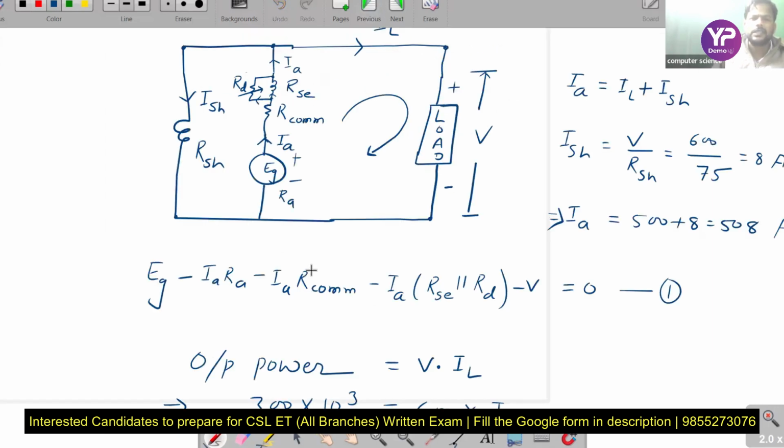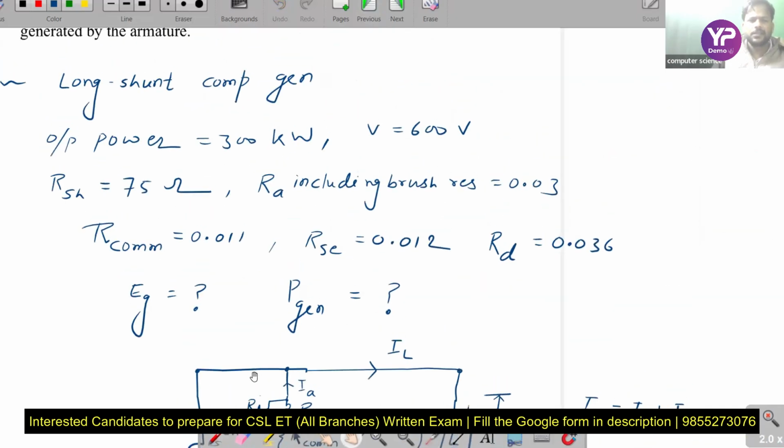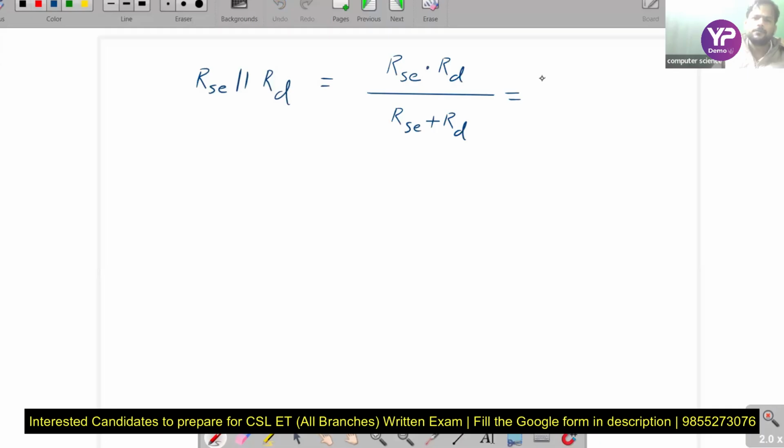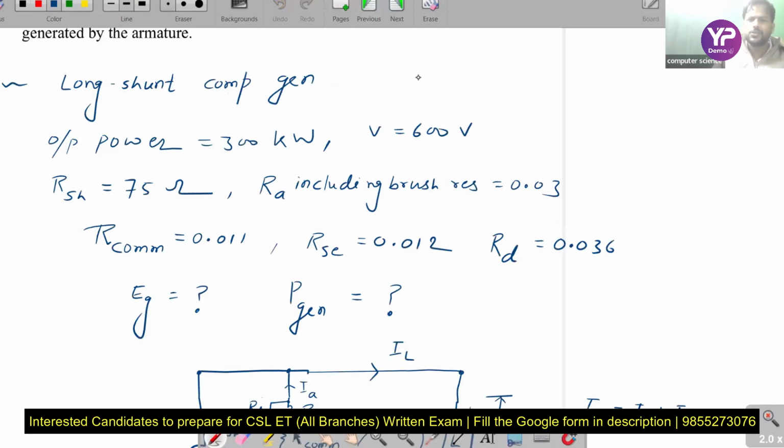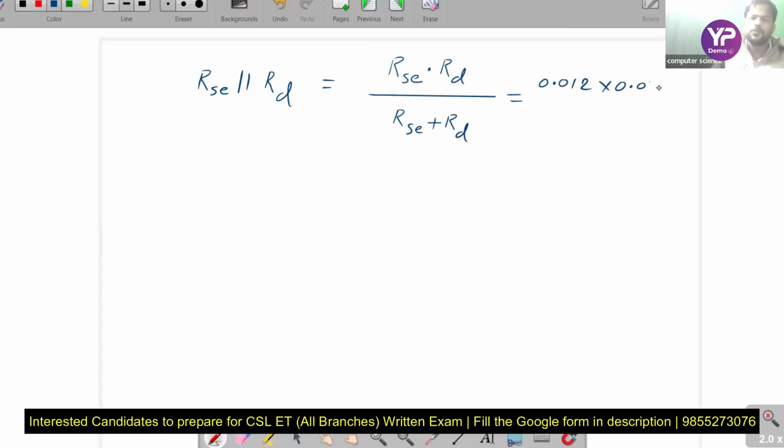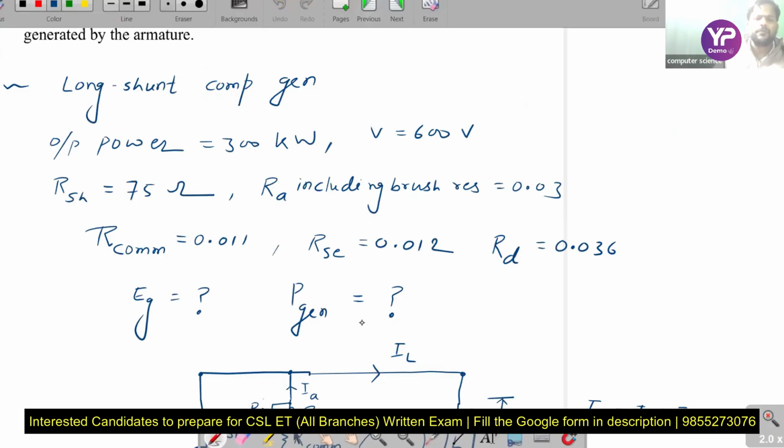Here RSE is 0.012 and RD is the diverter resistance, and its value is 0.036. So 0.012 into 0.036 upon 0.012 plus 0.036. When we simplify this, we get the value 0.009.